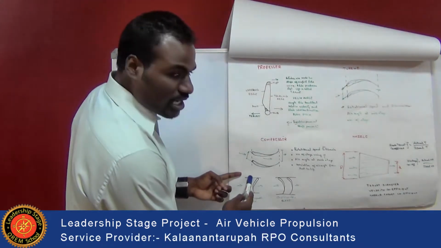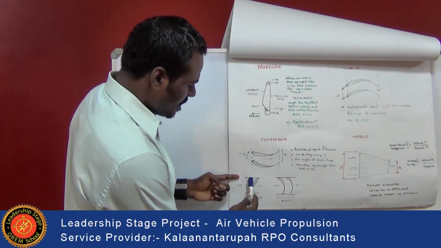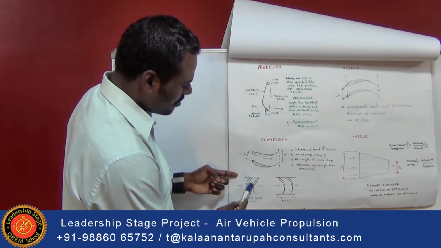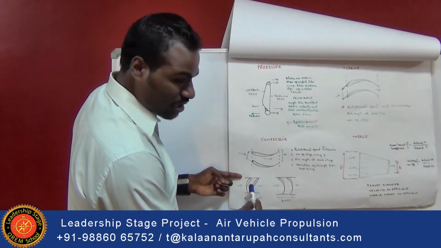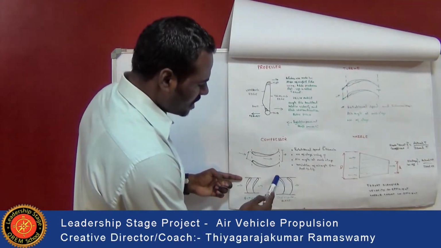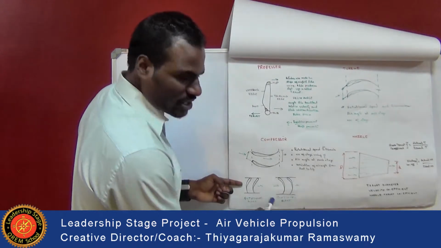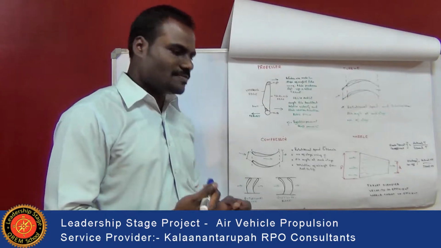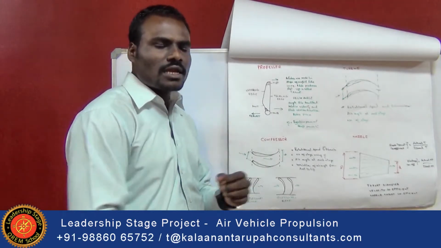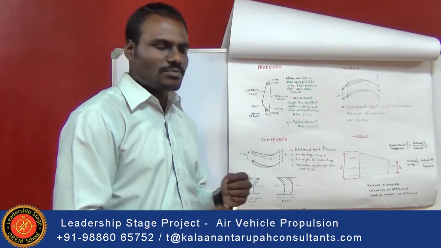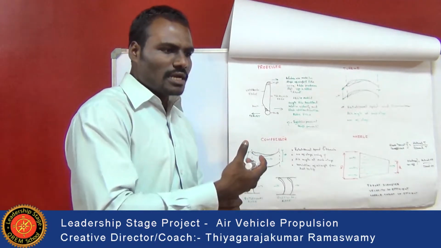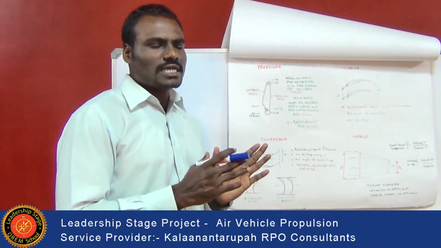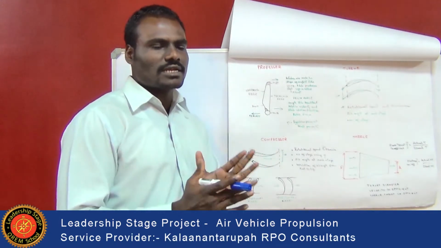Here the profile of the rotational blades is shown in the diagrammatic representation. Rotational blades will be in the shape of a concave, which will be in the shape of this kind, and the stationary blade will be in the shape of this kind. So the rotational blades help us in absorbing the air which is being sucked and rotating the air at this stage, and it is then subjected to the stationary blade, where the stationary blade helps us in changing the kinetic energy into stagnation pressure.